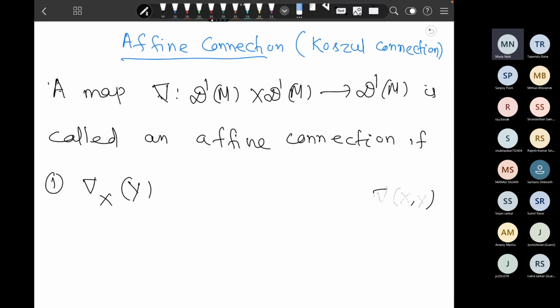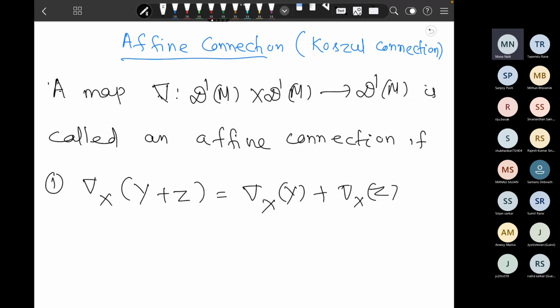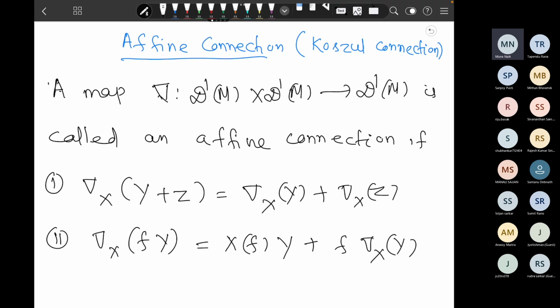I will write this: nabla_X (Y1 plus Y2), let us write this for X, Y, Z, is equal to nabla_X Y plus nabla_X Z. So nabla_X (fY) is equal to (Xf) Y plus f nabla_X Y.